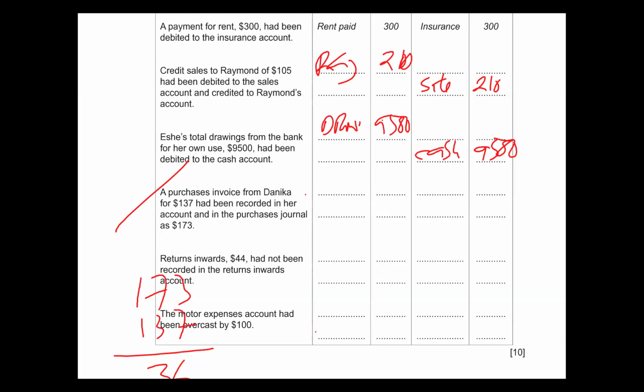So to correct the error, you have to reduce that amount by crediting the purchases account. The purchases account should be credited by 36, meaning you reduce it because it had gone up by 36. And then Danica's account had reduced by the amount, and then you debit Danica by 36.